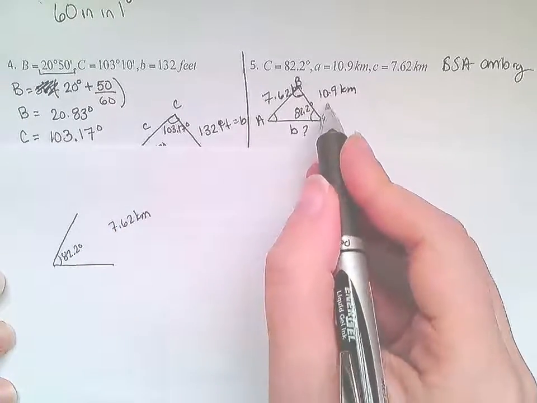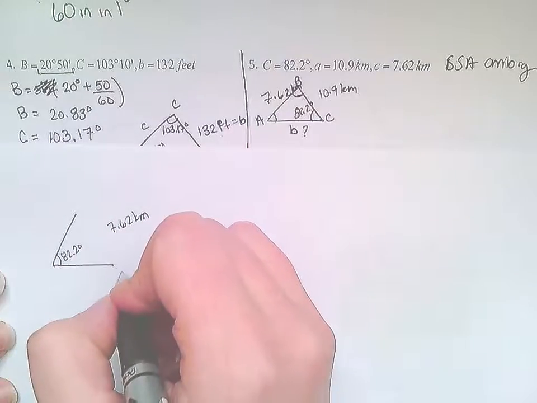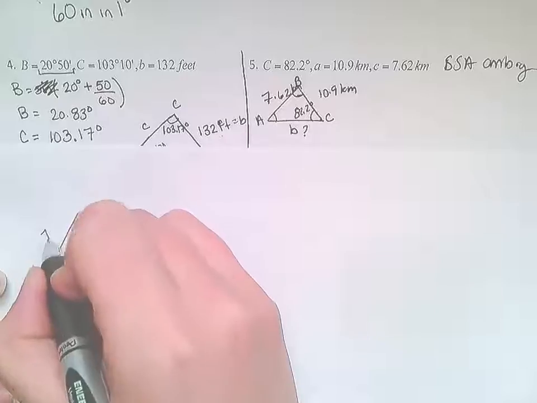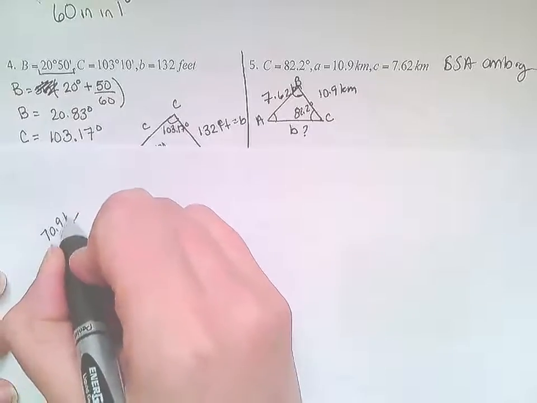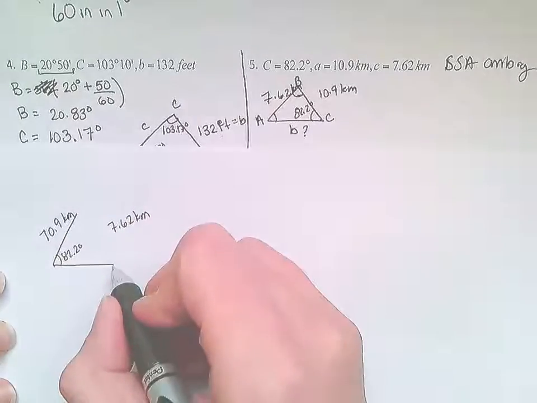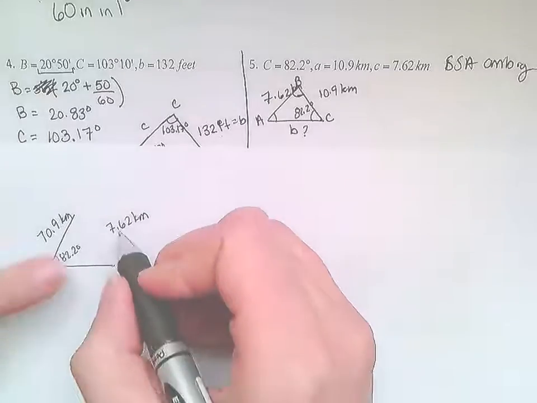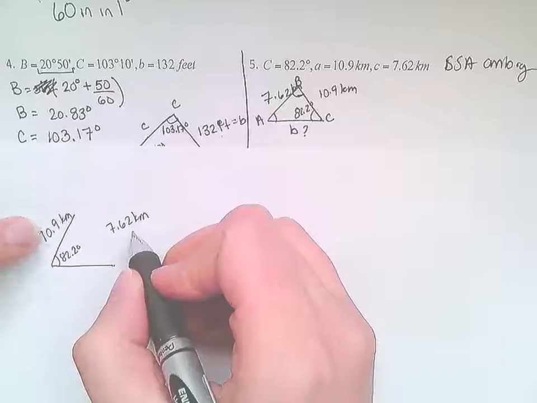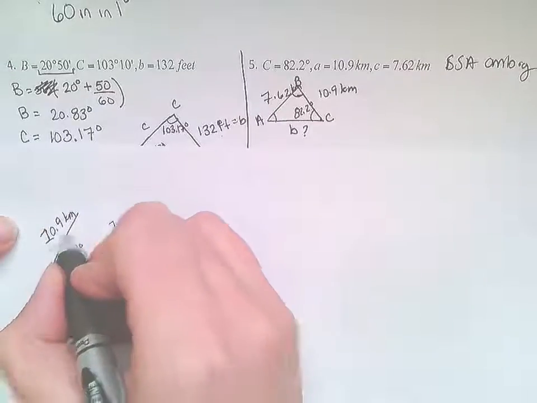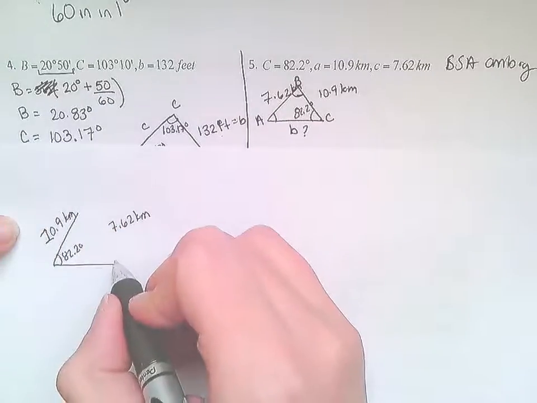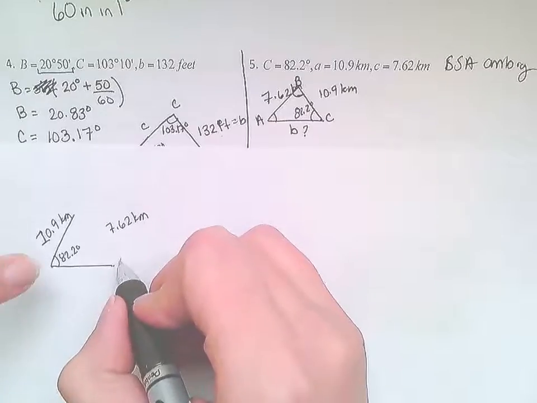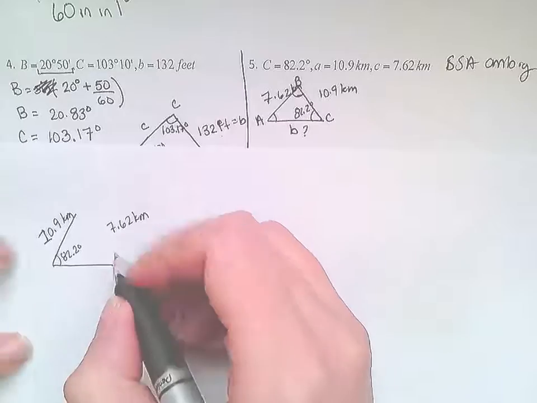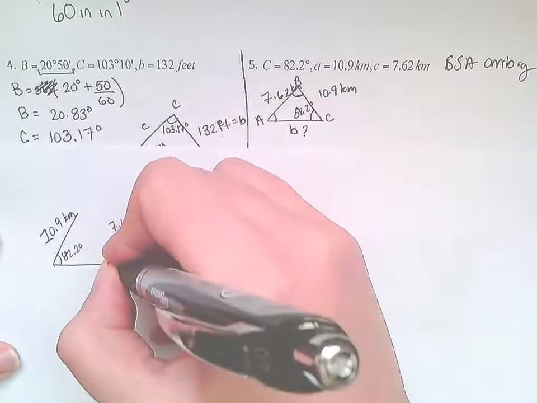Now they gave me the other side, which is 10.9 kilometers, but they didn't tell me this angle. Based on this information, if this is 7.62 and this is 10.9, obviously this is going to be a bigger angle than 82.2.